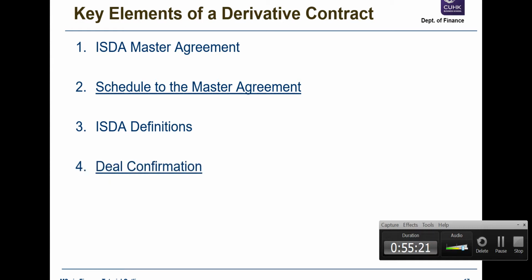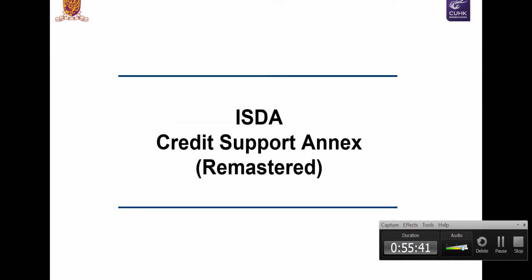You don't have to have number 5. So number 5 is voluntary, but nowadays it's practically compulsory because people don't trust each other anymore, especially after Lehman Brothers. So CSA is very common. Do you remember the important parameters in a CSA?